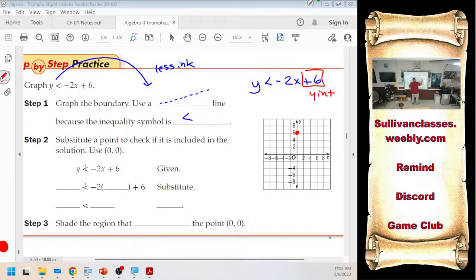If -2 over 1 doesn't really fit my graph, I can't go down 2, right 1, unless I'm counting half of a box. If you're okay with that, then do it. Down 2, over half a box.